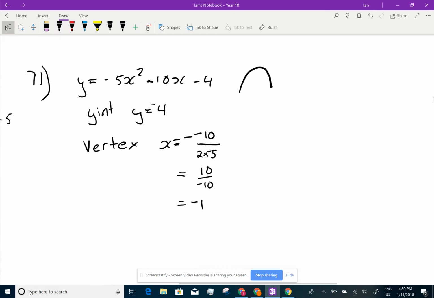Okay, when x is negative 1, what does y equal? Well, y equals minus 5 times negative 1 squared minus 10 times negative 1 minus 4.